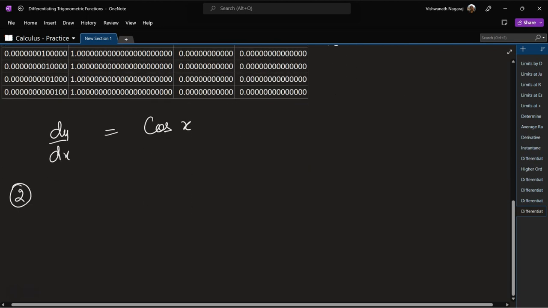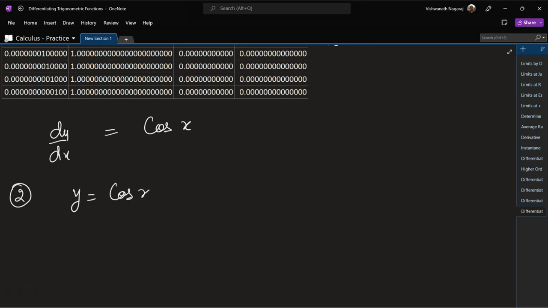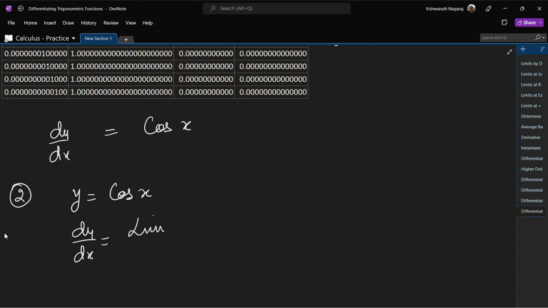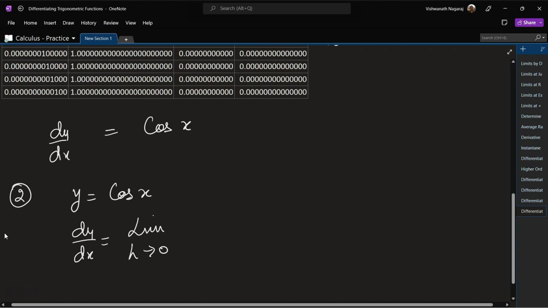Okay, let's look at the second one. y is equal to cos x. So dy by dx is equal to, again using first principles, the limit as h approaches 0 of cos of x plus h minus cos x, divided by h.